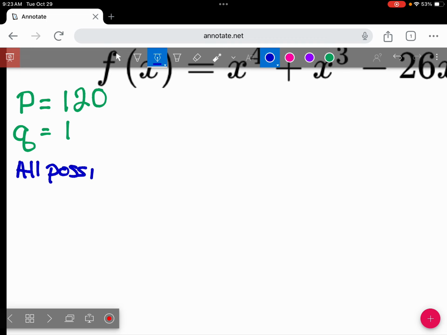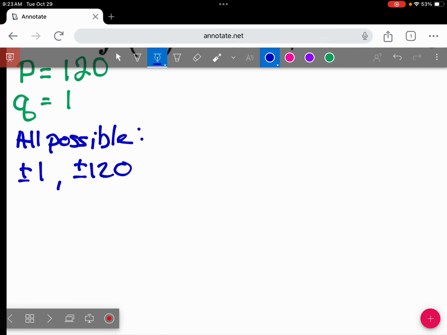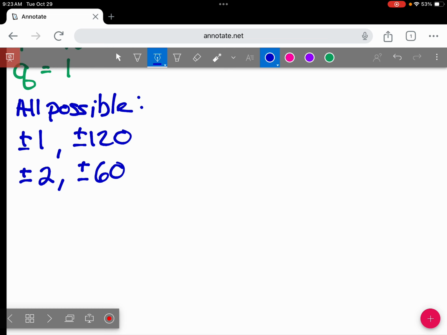So our factors of 120 are going to be what? Sometimes when we're doing our factors, it helps to do it outside in. So we're going to have 1 and 120. Does 120 divide by 2? So 2 and 60. 120 divided by 3 is 40.